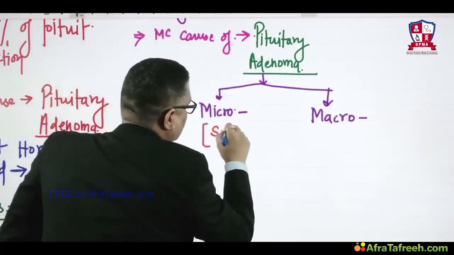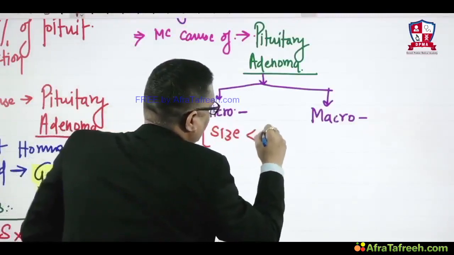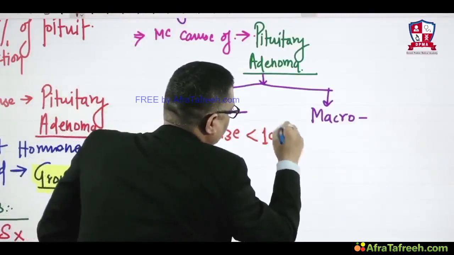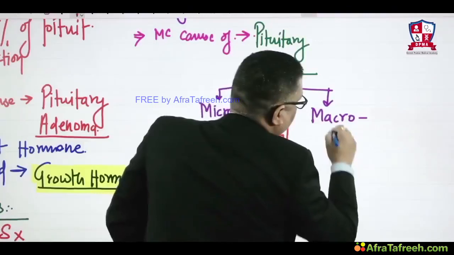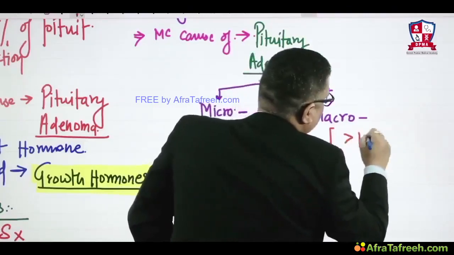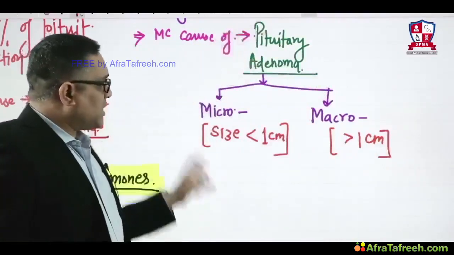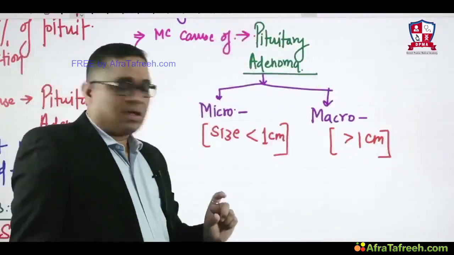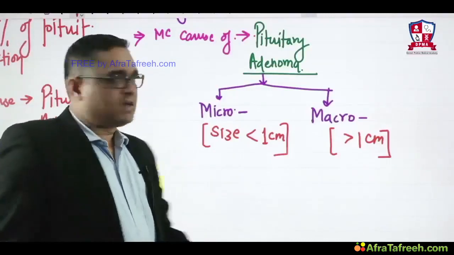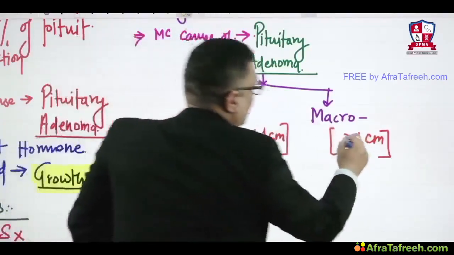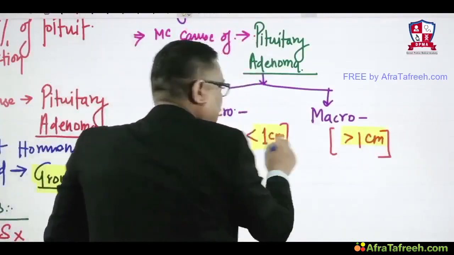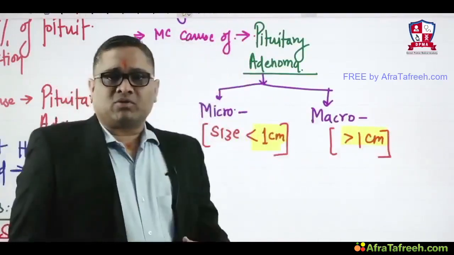Their size will be less than 1 centimeter. Size more than 1 centimeter will be considered macroadenoma. So 1 centimeter is the criteria for deciding whether a pituitary adenoma is micro or macroadenoma.